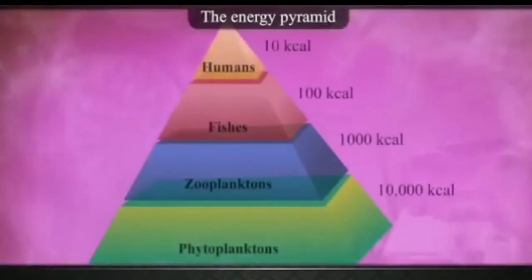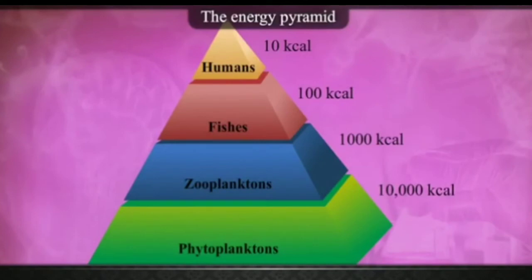The figure shows the energy transfer that takes place at each trophic level. There are different levels of energy exchange in the food chain. The initial quantity of energy goes on decreasing at every level of energy exchange.